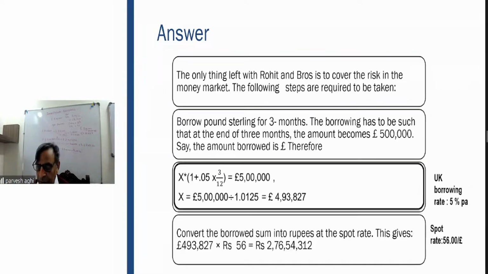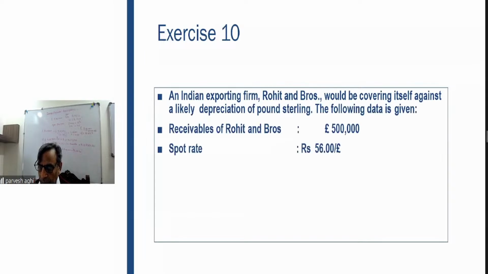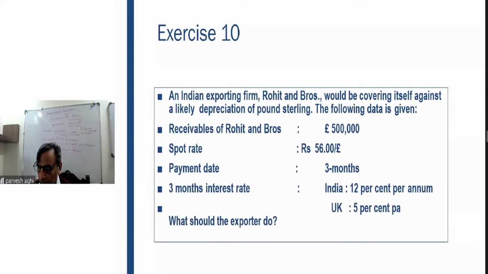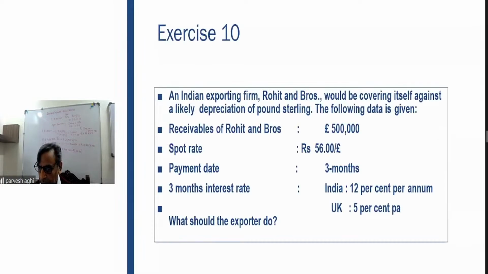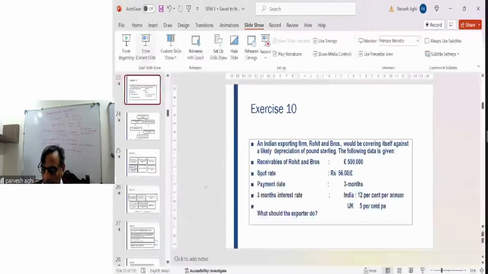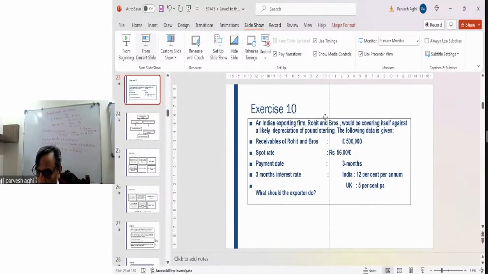So I'll just show the question. So the question is: an Indian exporting firm, Rohit and Brothers, would be covering itself against likely depreciation of pound sterling.